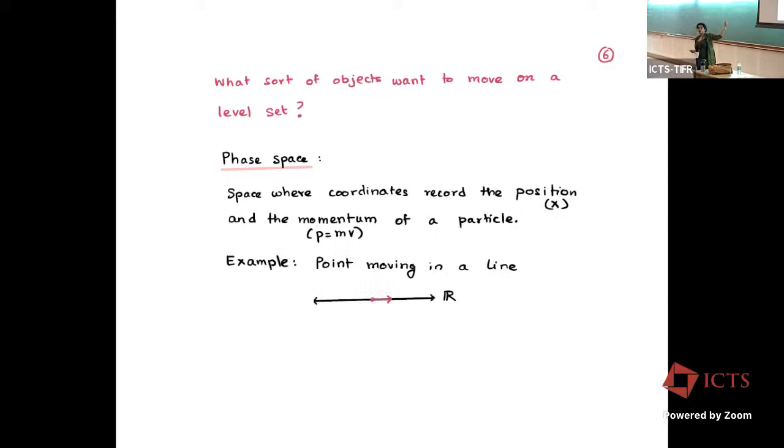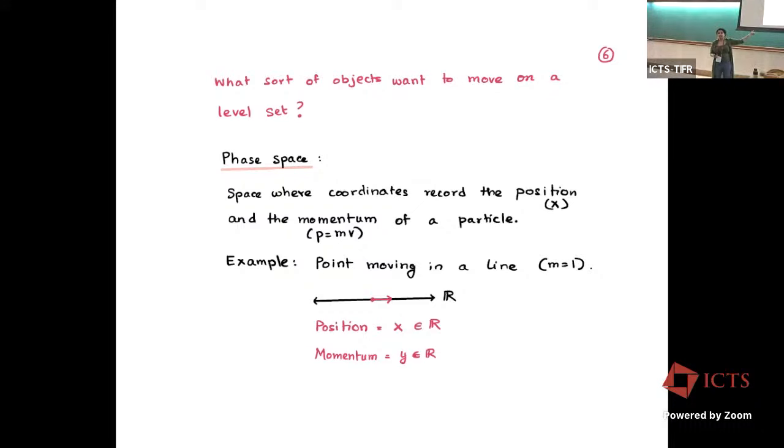Suppose you have a point moving on a line. There's a line and it can move wherever it wants, however fast it wants. Then the position value x can be any real number, correct? And for the momentum, let's fix mass equal to 1, because I don't want to go into that. Then momentum is actually just the velocity, and the velocity can be any vector pointing left or right.